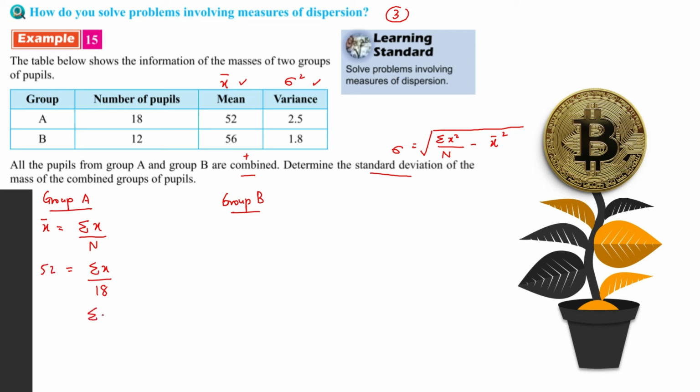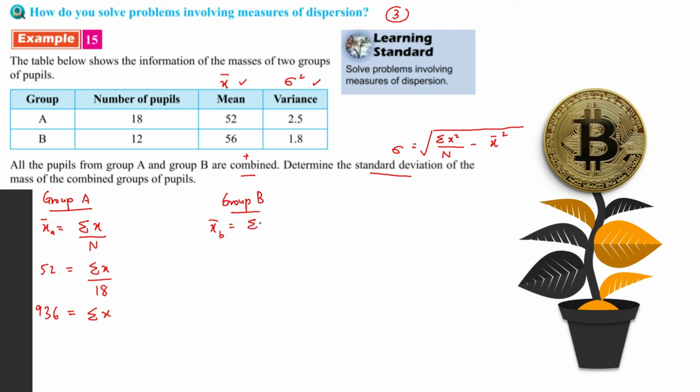So the sum of x we get is 52 times 18, which is 936. Okay, we compared here. So now group B. So the mean, this one is A, this one is B.